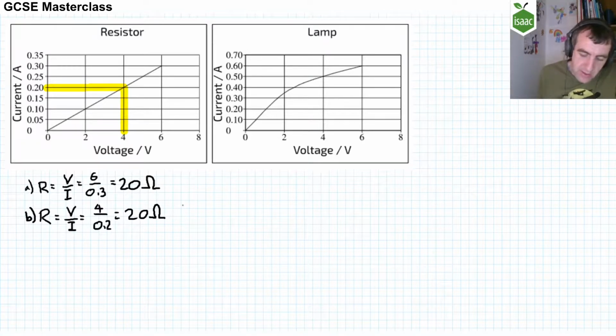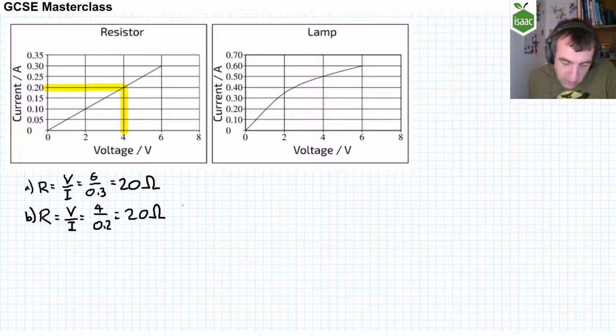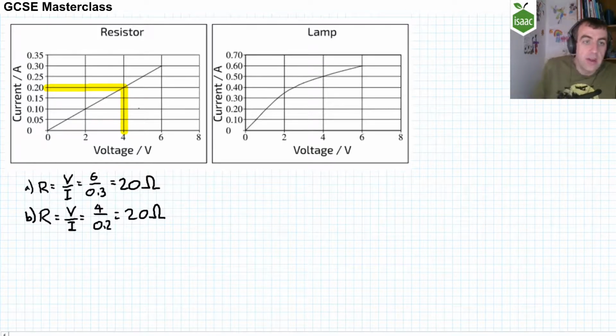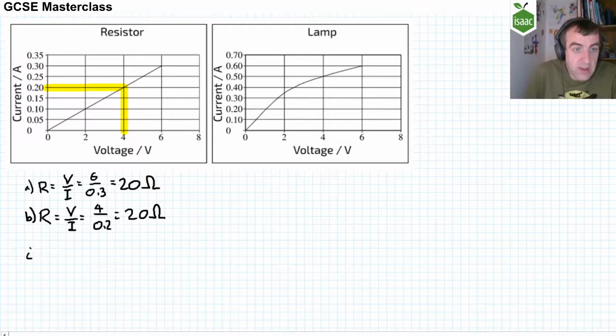Okay, so now let's move on to the next part, which is part C. On part C, it says, what current would you expect to flow through the resistor if the voltage across it were 10 volts? Okay, well, it's an ohmic conductor. We've decided that already, which means we can say V equals IR.